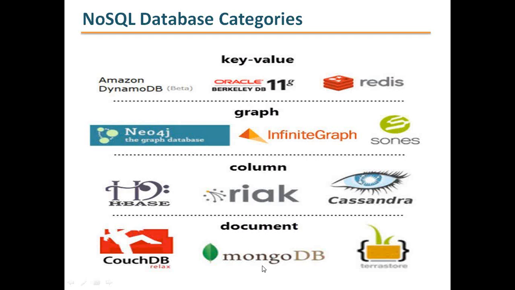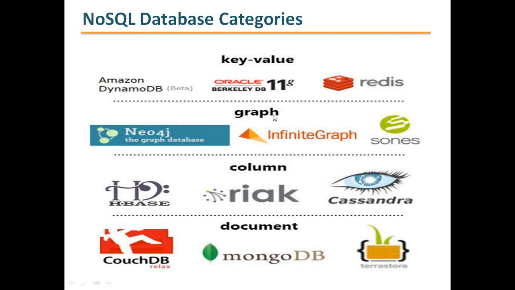I will show some examples of how column-oriented data is stored and how document data is stored. CouchDB is also getting very popular recently. Based on different use cases and business needs, they go for different databases. These two are column and document.